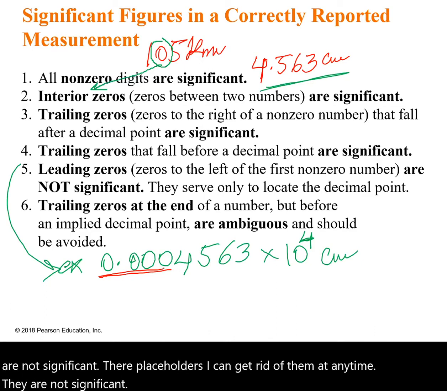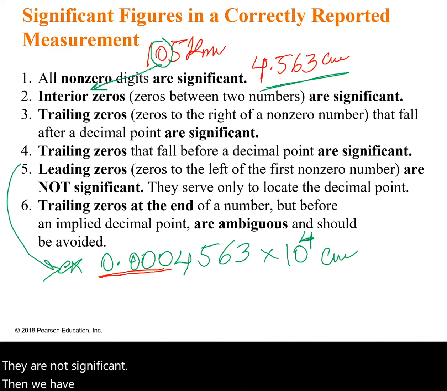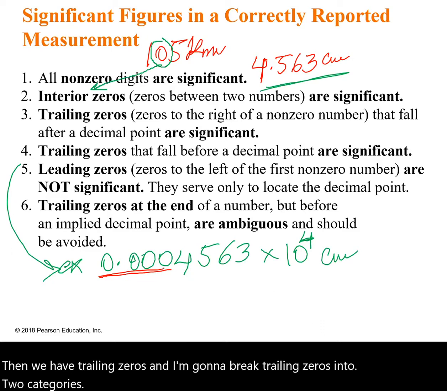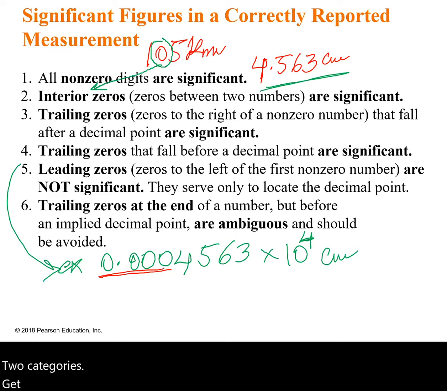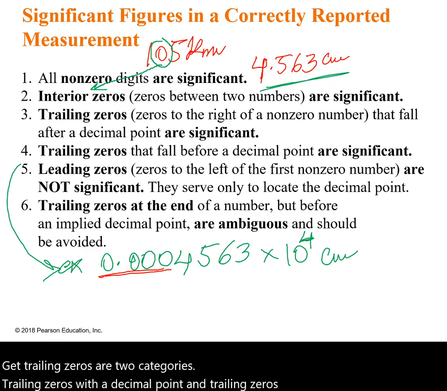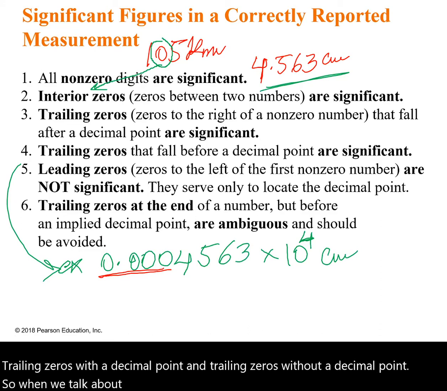Then we have trailing zeros, and I'm going to break trailing zeros into two categories: trailing zeros with a decimal point and trailing zeros without a decimal point.